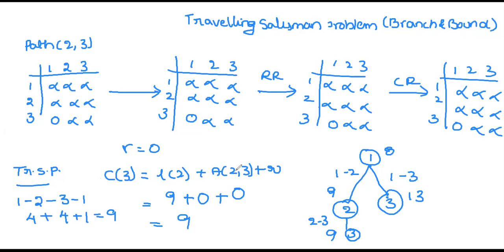We take the values from the first step. The problem itself gives the path from 3 to 1 as 1. So in the problem, 1 to 2 is 4, 2 to 3 is 4, and 3 to 1 is 1. So the total path weight value is 9 for this traveling salesman problem. Okay. So this is the traveling salesman problem. Thank you.